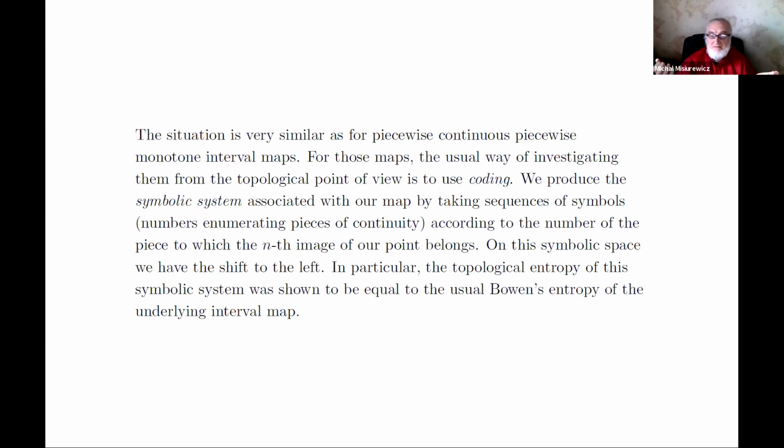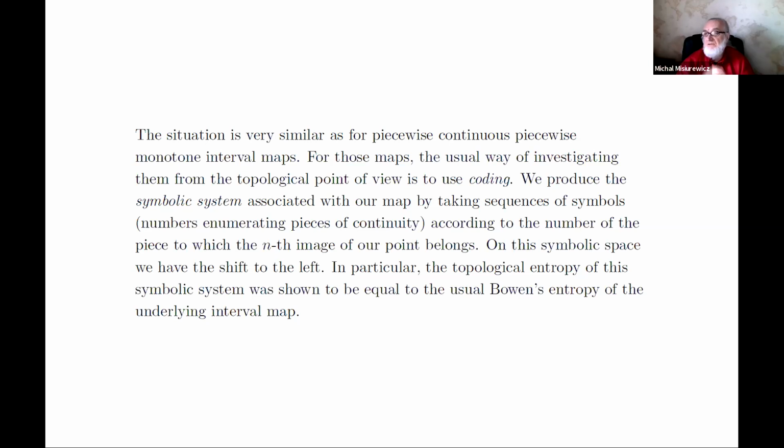Basically we look for the number of pieces of continuity and monotonicity for the iterate. And on the symbolic system, we have the usual shift, and many people define the topological entropy of the piecewise monotone, piecewise continuous map of an interval just as the topological entropy of the symbolic system.